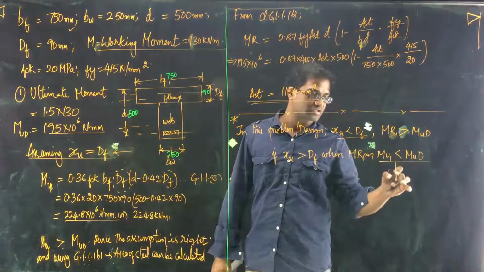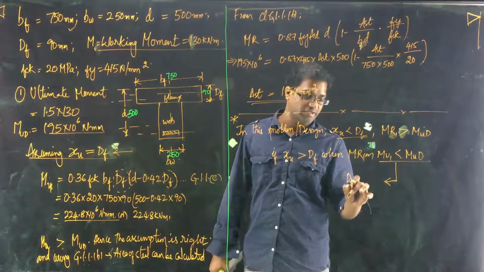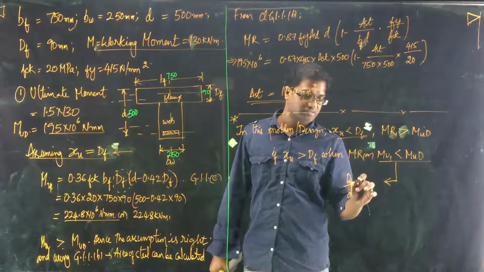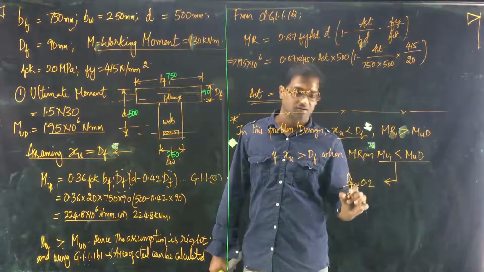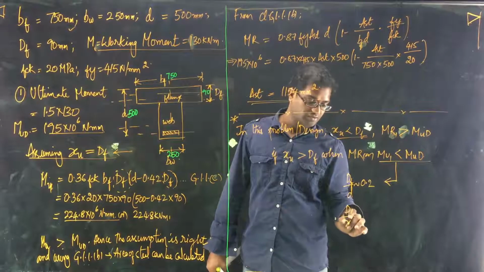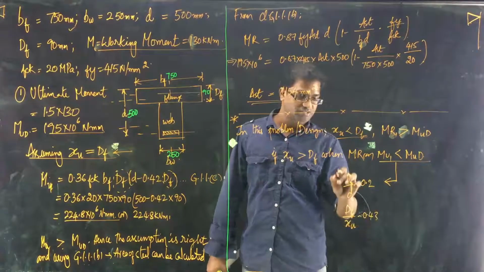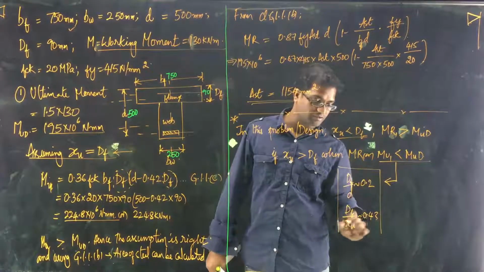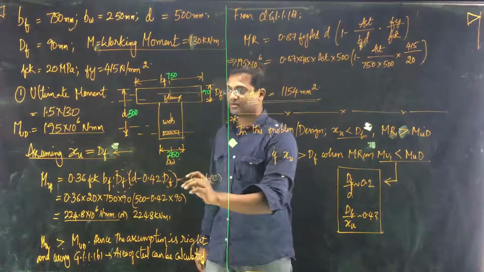When this situation comes, again you have to consider whether DF by D is less than or greater than 0.2. Then you have to consider DF by XU, again compare with 0.43. So these two things we have to remember when we are designing the T-beam.